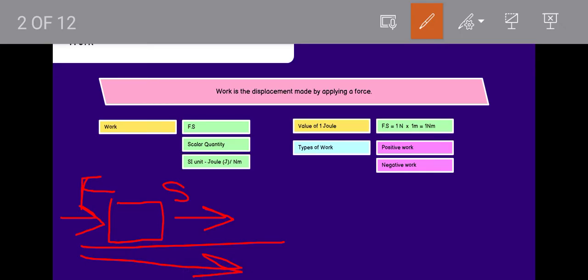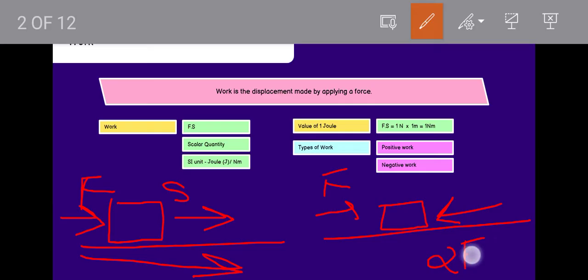And when, let's see, negative work, I have the same object and I am applying a force of F in this direction, and from the opposite direction someone else is applying the force of 2F, which means it is 2 times the force I am applying. So I am standing here and the force which is getting applied from the right side, or 2F, is greater than my force.